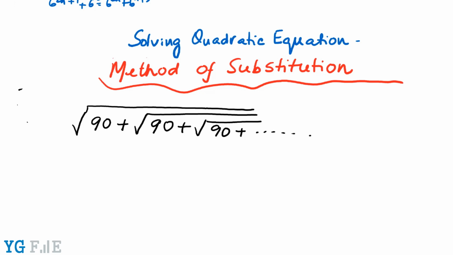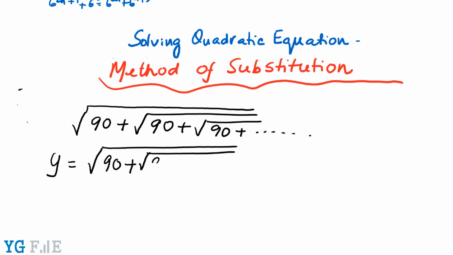You will be surprised to know that the method of substitution helps so much that we can use that. So what we do for this kind of equation is we first let y be equal to this expression. So we will write it as the square root of 90 plus the square root of 90 again and plus 90, so like this. We have just used y, let y be equal to this one.